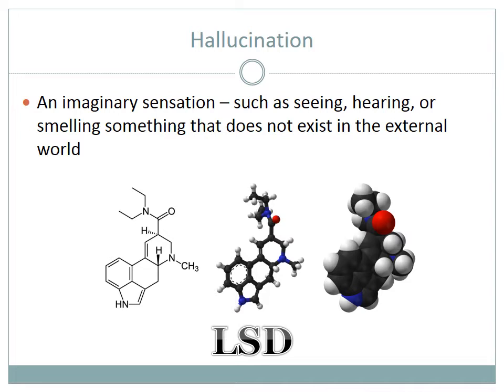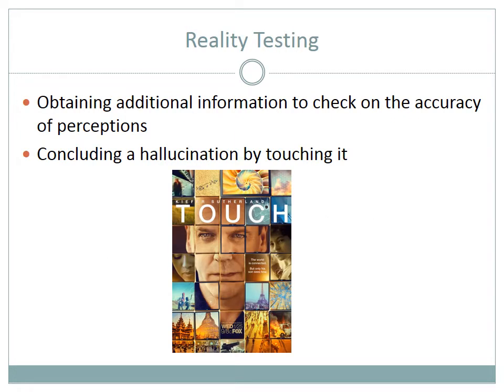So, kind of going hand in hand with hallucinations, we have reality testing, which is obtaining additional information to check on the accuracy of perceptions, concluding a hallucination by touching it. So, in other words, reality testing is when a person is having a hallucination and they want to see if it's real or not, so they try to touch it.